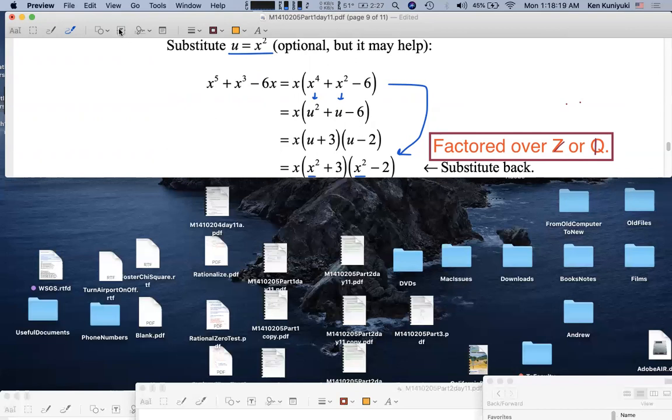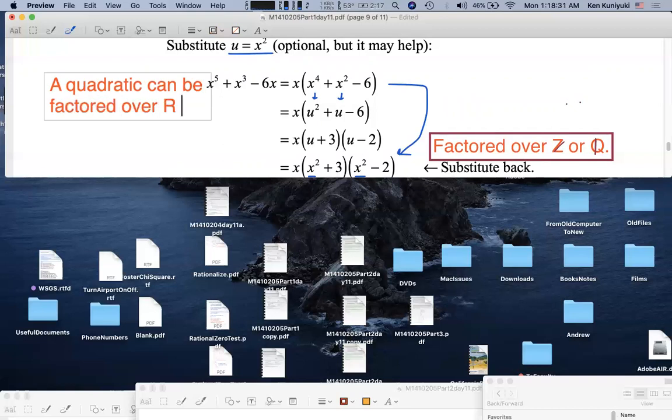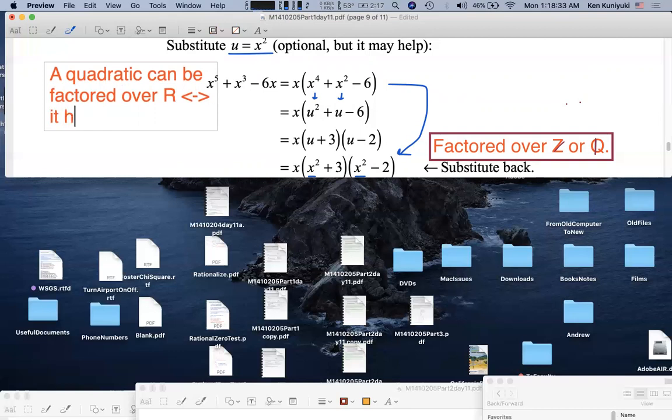Now, this is for quadratics specifically. A quadratic can be factored over the reals, the set of real numbers, if and only if it has real zeros. That's true for quadratics. Well, x squared plus 3, does that have any real zeros? The answer is no.